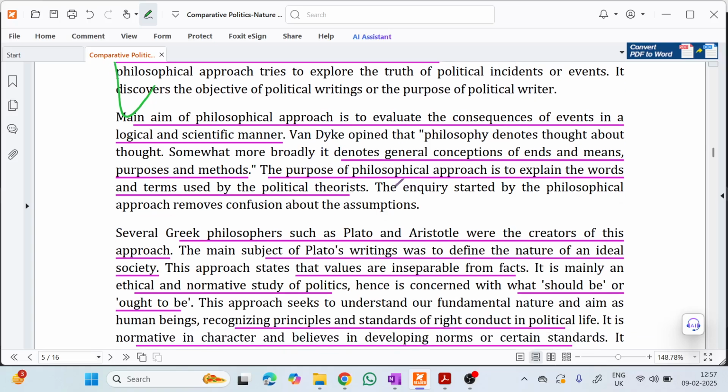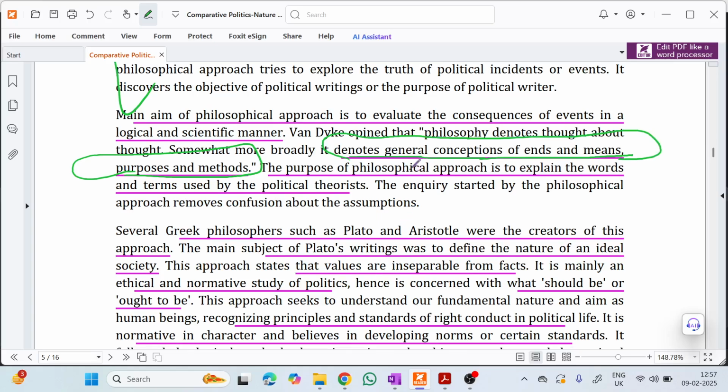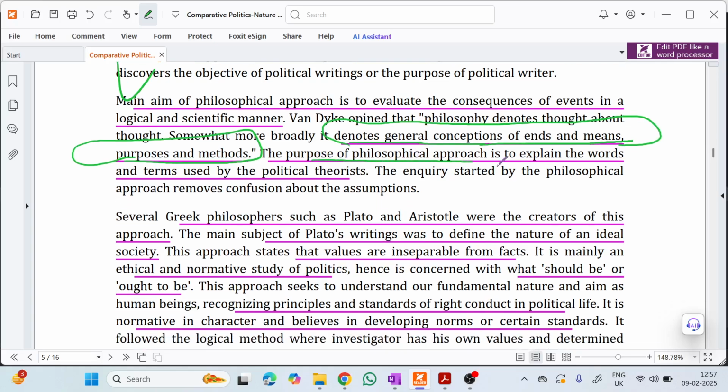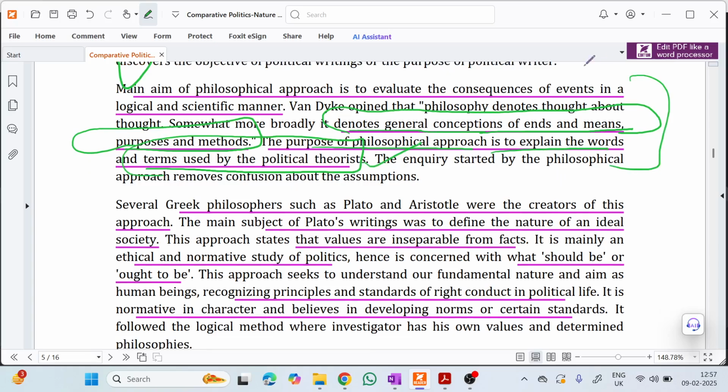Then the middle sentence broadly says the philosophical tradition denotes a general conception of ends and means, purpose and methods. So again, it is about studying what has happened, and the purpose of the philosophical approach is to explain the words and terms used by political theories, which is not difficult to understand.